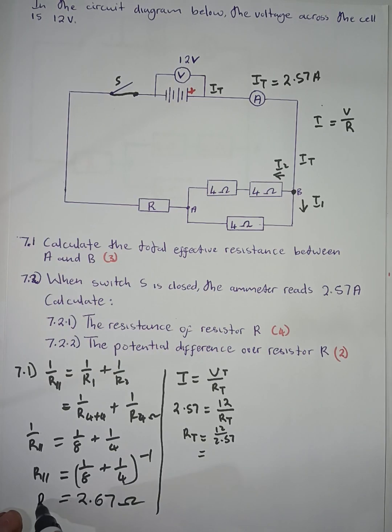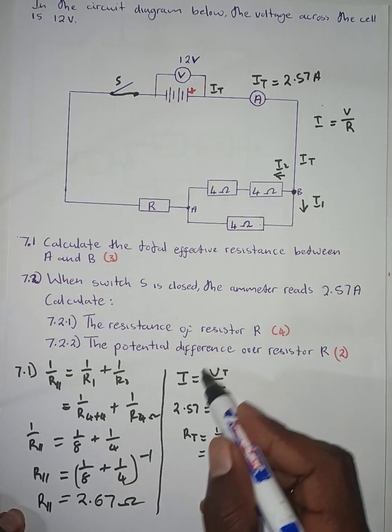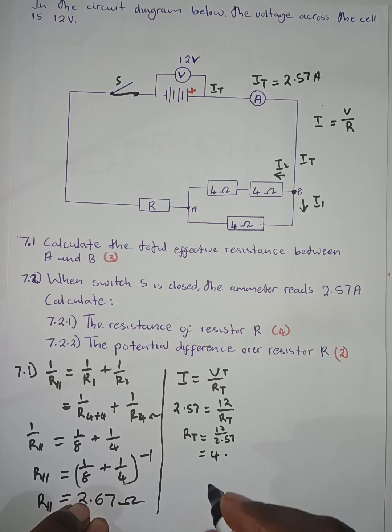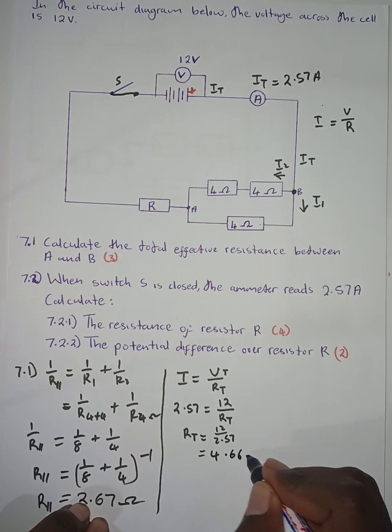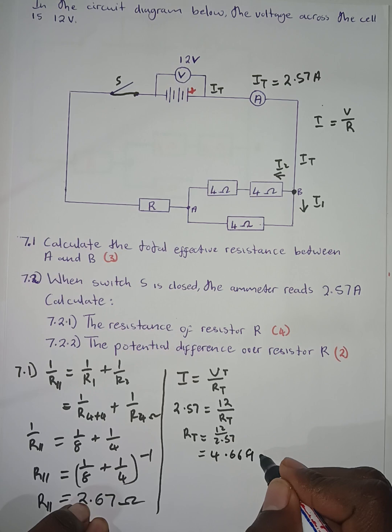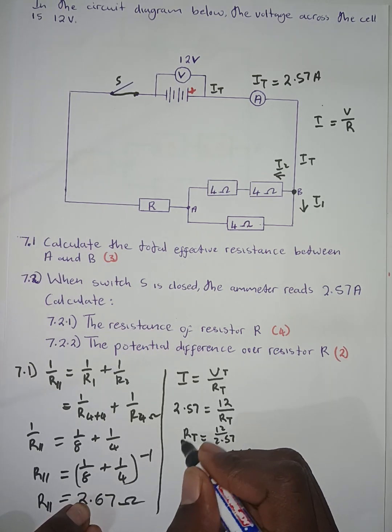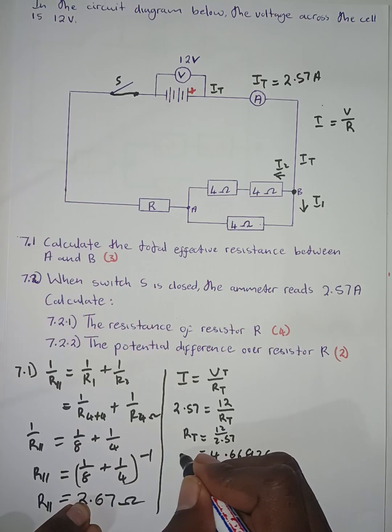Now remember, we said if we use that voltage there, we would need to use the effective resistance, right? So in a sense, we have found the effective resistance. We'll find that to be 4.66926. Now unfortunately, you can't round off early because it's not the final answer, right? So this would be RT.